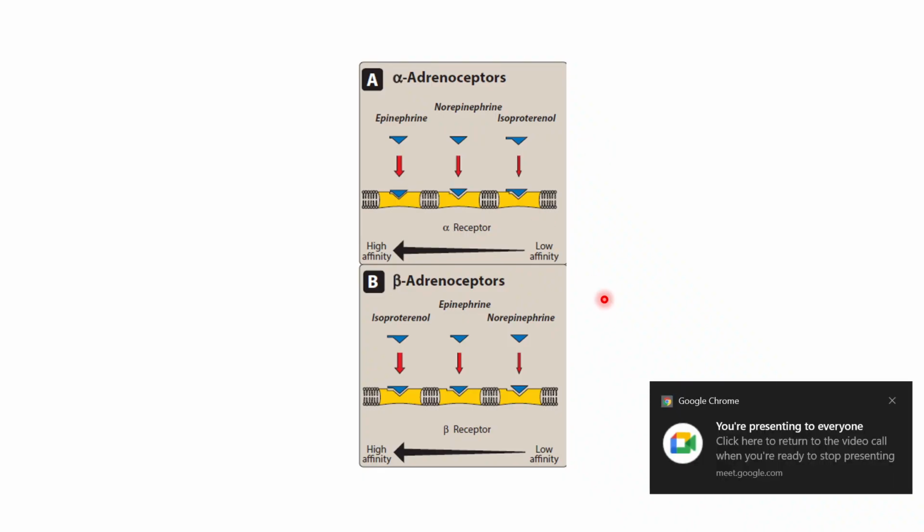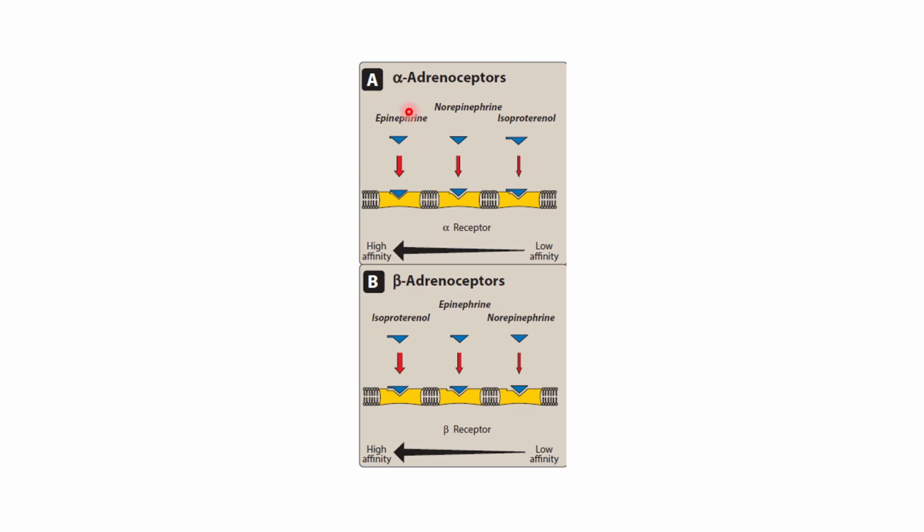As you should remember from the previous topics, alpha adrenoreceptors are located in the vessels, beta in the heart. In general, alpha 1 is in the vessels, and alpha 2 is also presynaptic.